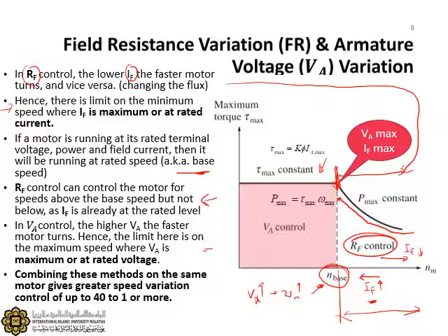What does it mean? It means that there is a maximum speed that it can reach if you use this method, which is the N base, the base speed here. So this is the maximum.